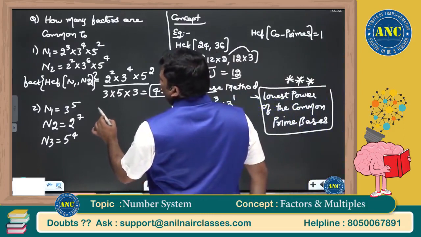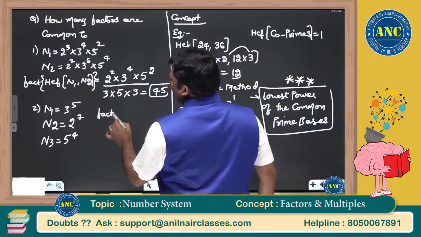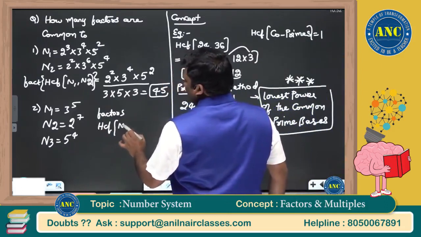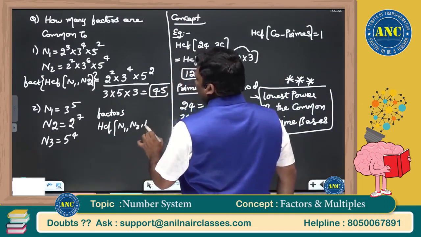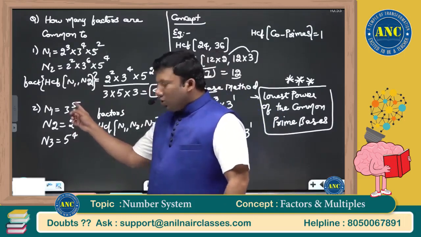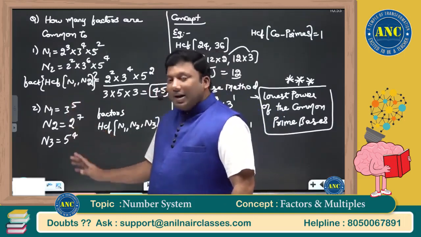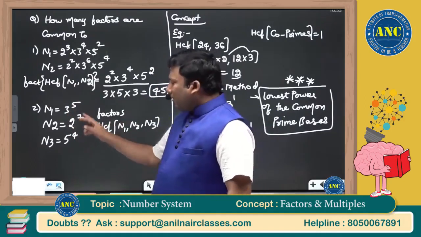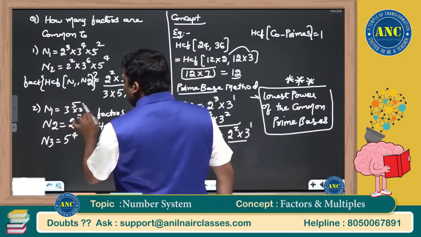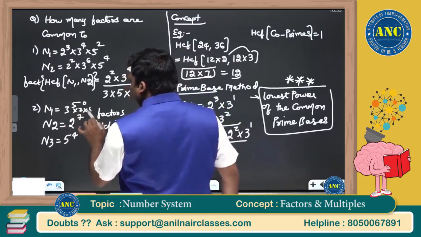The answer will be the factors of HCF of n1, n2, n3, the factors common. 2 power should be present in n1 and n3. It is not possible. Or we will write like this: into 2 power 0, into 5 power 0.